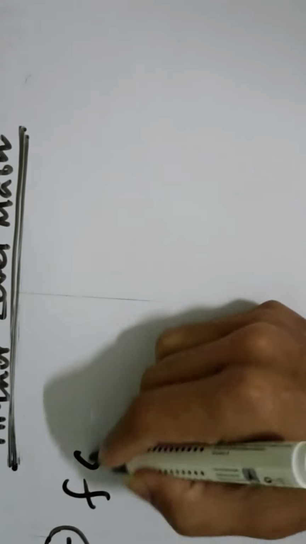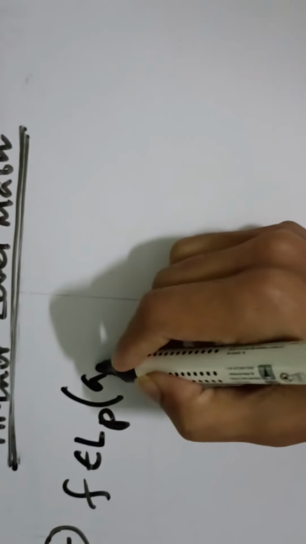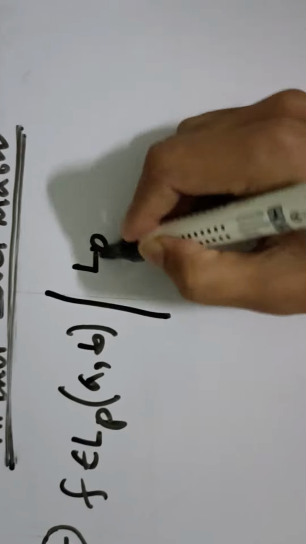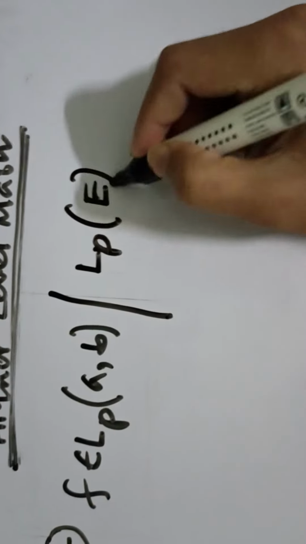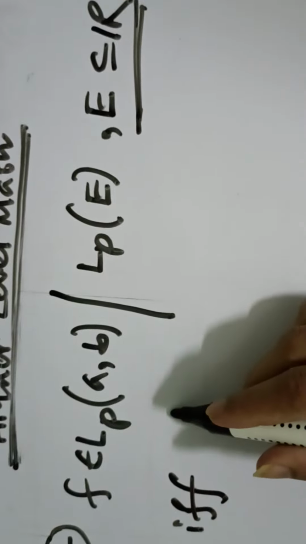In general, we can write this as a note. A function f belongs to LP[a, b], for any interval whatever it may be, or f belongs to LP(E), where E is a measurable set, E a subset of the real numbers, if and only if the integral is finite.